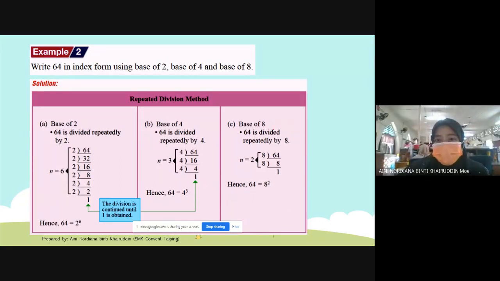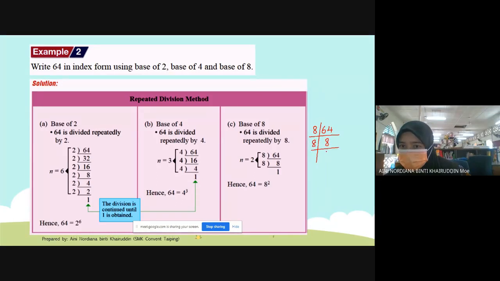If you want base 8, then you divide by 8. You can write like this, 64, like you do LCM. Divide by 8, then divide by 8 again until you get 1. So 8 square.